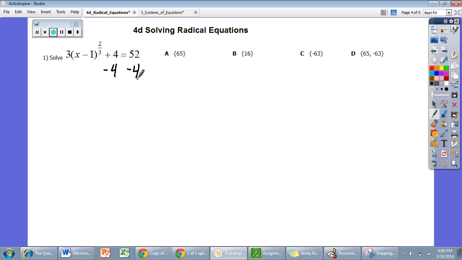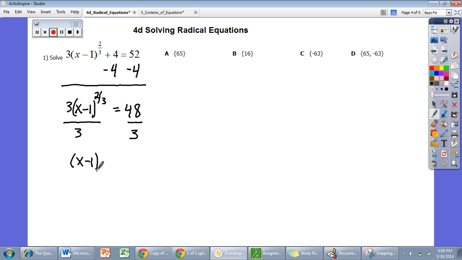So I have 3 times x minus 1 to the 2/3 power is equal to 48. Okay, I don't want to use this yet. I want to get rid of that 3 first, which means I'm dividing both sides by 3. So I have x minus 1 to the 2/3 power is equal to 16.